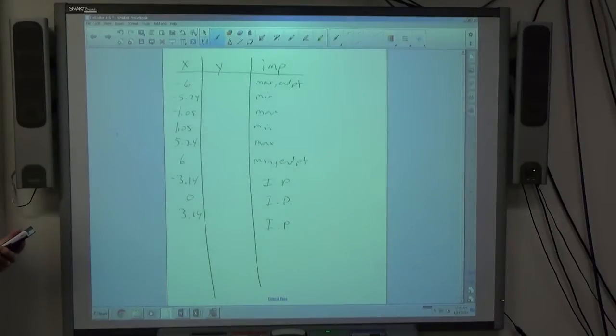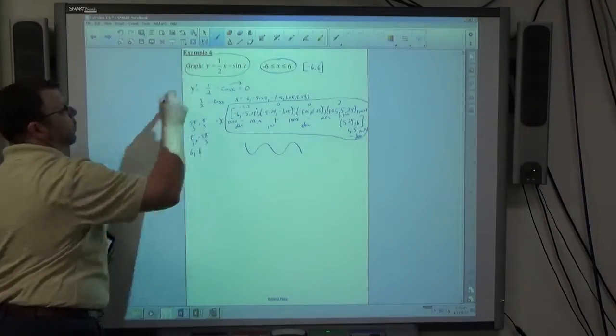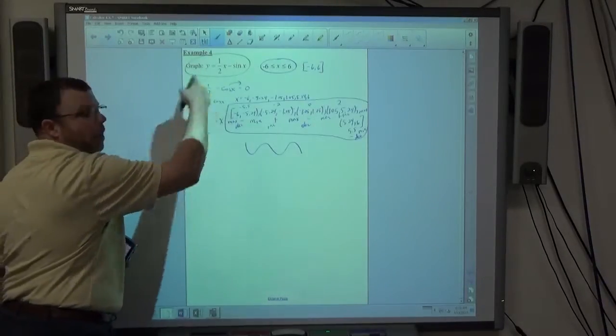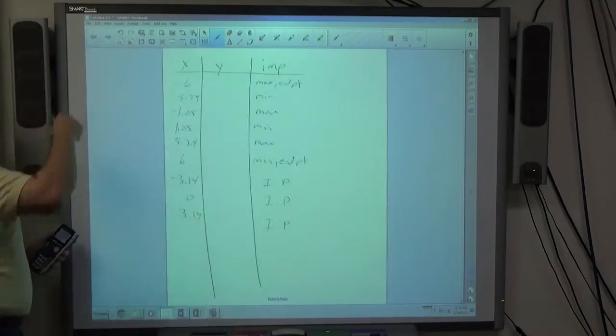So the equation I'm putting in, of course, is the original function. When I want to fill out an x, y chart and find y values, I need to go back for y equals or f of x equals. So I'm going to go with 1/2 x minus sine of x. And again, I made sure my calculator is set to radians mode because that's the problem, is radians.